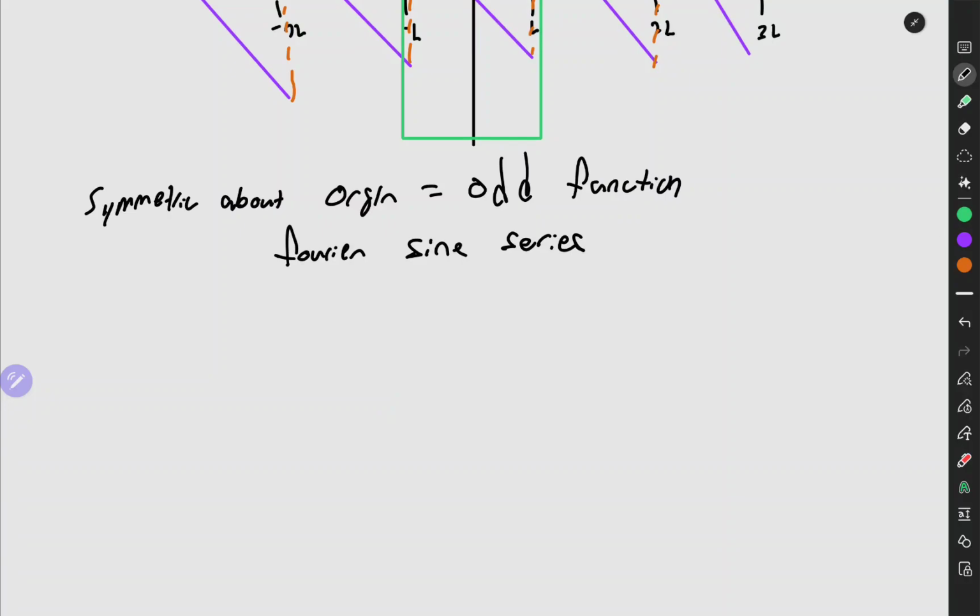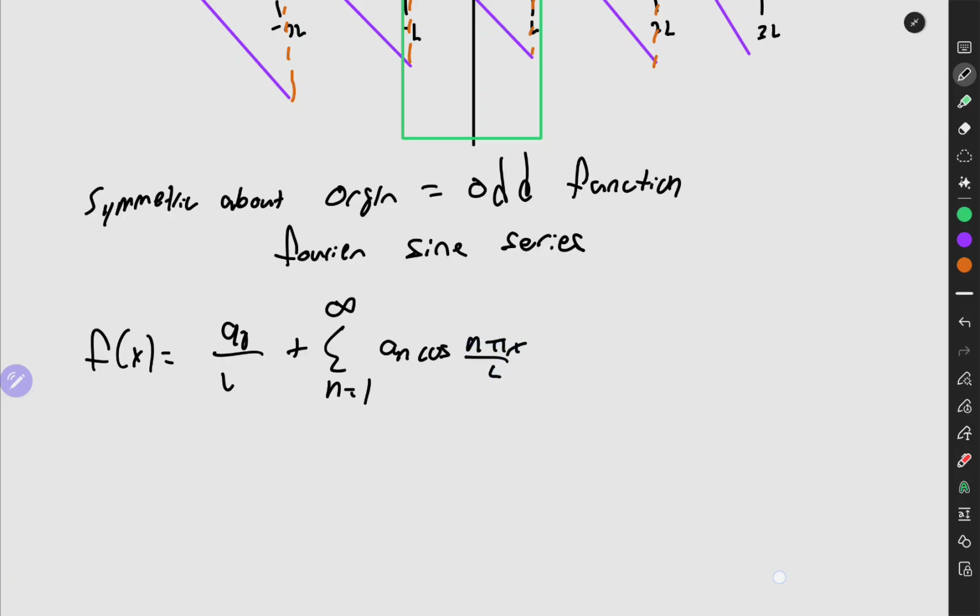But let's start with our general form for Fourier series: a sub n cosine n pi x over L plus b sub n sine n pi x over L. I can tell you off the bat, this is 0 and this is 0.